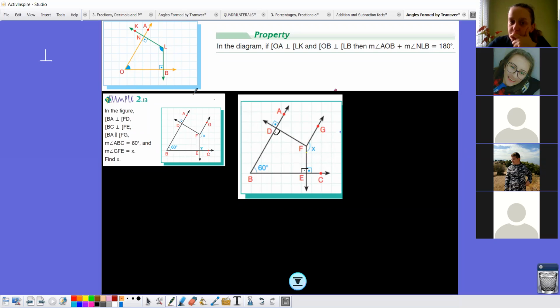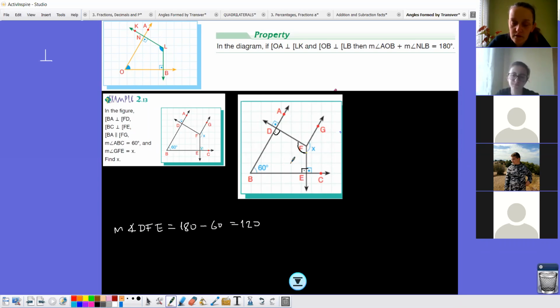So from this property, this angle here, let's write, measure of angle DFE is equal to 180 minus 60, so it will be 120. Teacher, also GFD will be 90 degrees because it is parallel to BA. Yes, because BA is parallel to GF, so this one also will be 90 degrees.